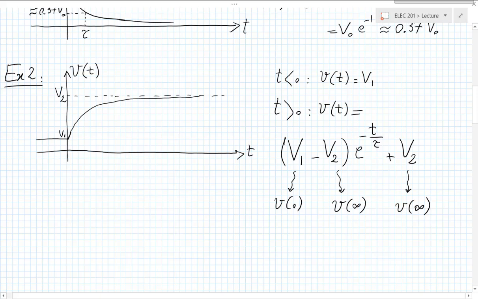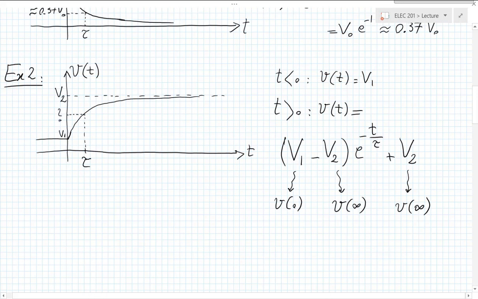Okay. Anyway, so let's go back to the concept of time constant. So if I go after one time constant in this circuit, so let's say this is tau again on the time axis. What should this value be? That's the question.